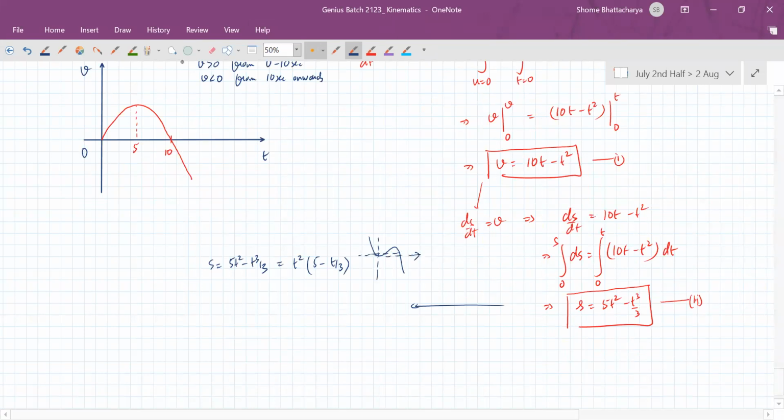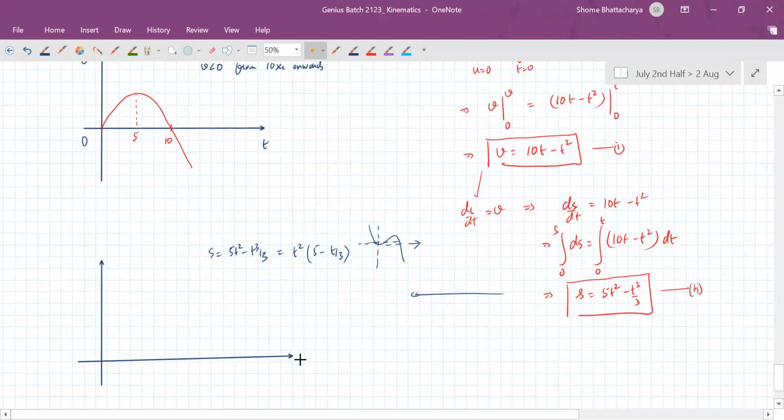This is also showing you that the displacement becomes negative after 15 seconds. So it goes past the starting point after 15 seconds. The graph would have been curving like this, but the negative side we won't take.